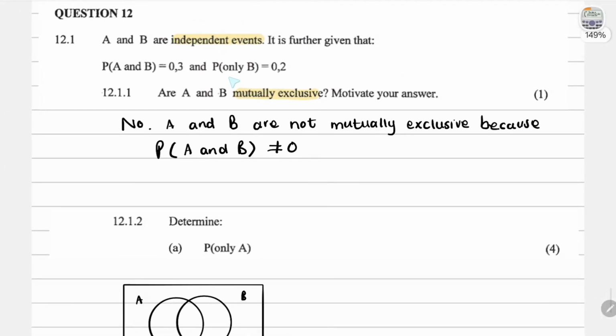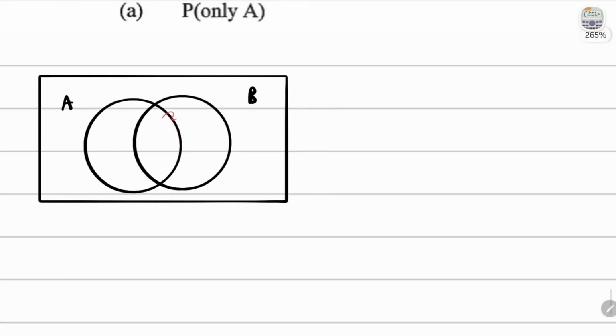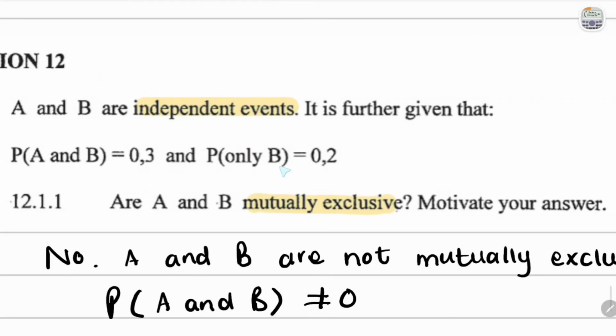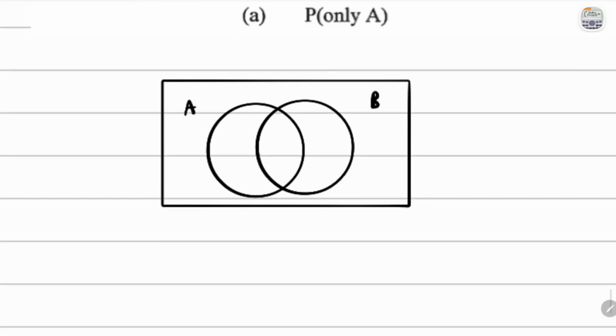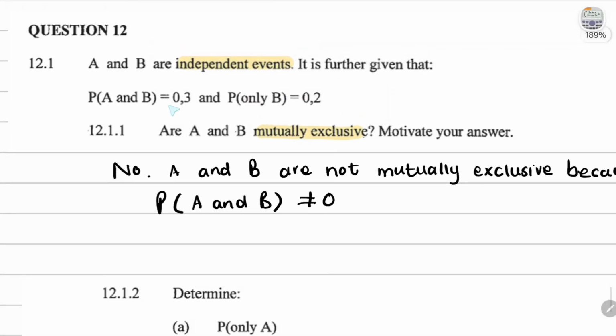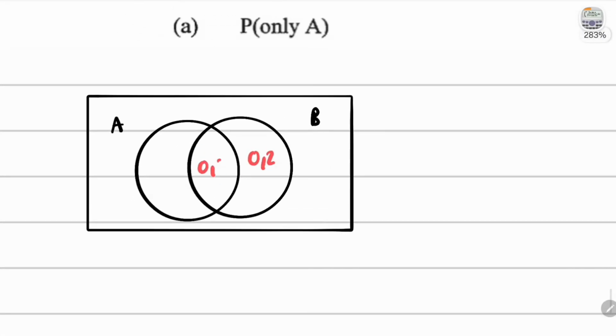We know the probability of only B. Now, when it's only B, it means it's not going to be included in the circle of A and B. It's not going to be here. It will just be in only B. So we know that that is 0.2. And we know the probability of A and B, the intersection of them, which is 0.3.